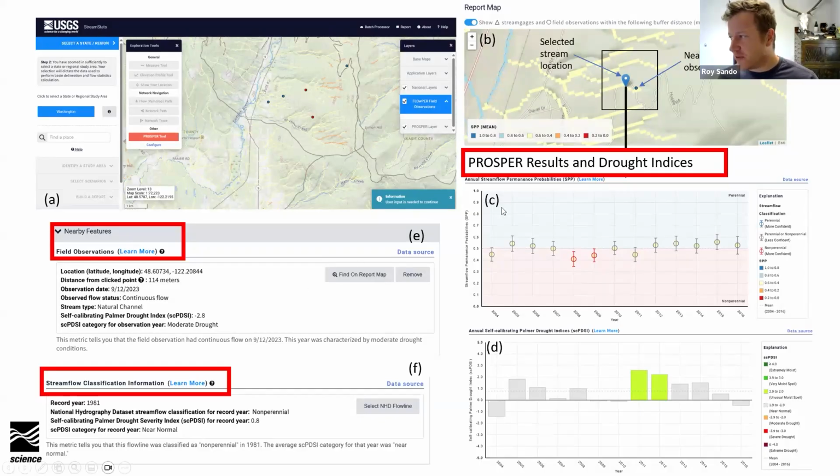Then we also provide our Prosper predictions for that location and show how those compare to the self-calibrating Palmer Drought Severity Index. So a lot of information is included in the StreamStats platform, and again, that's all available to the public and currently published.